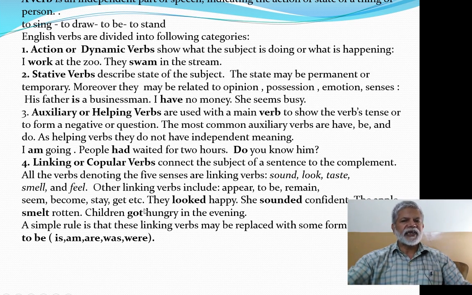Again, look at these sentences. They looked happy. They were happy. Instead of looked, we may use were. She sounded confident. She was confident. The apple smelled rotten. The apple was rotten. Children got hungry. Children were hungry. So you see that these linking verbs may easily be replaced with a form of the verb to be.